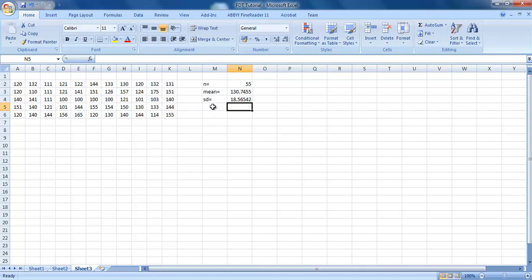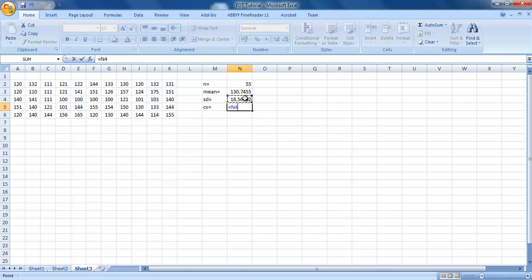How about if we want to calculate the coefficient of variation? So, the coefficient of variation is equal to the standard deviation. So, let us click the standard deviation.